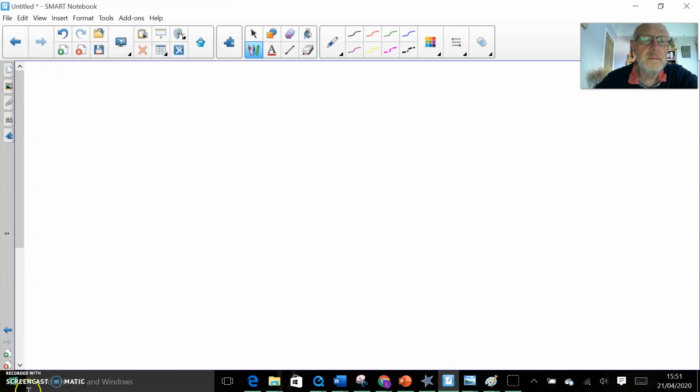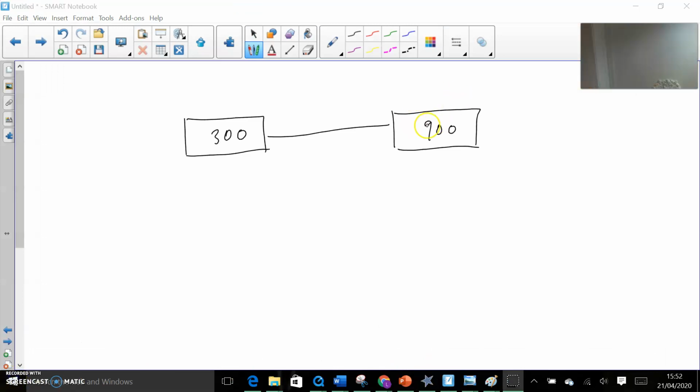So here we have the car, 900 kilograms, and the trailer, 300 kilograms, connected by the light rod. Now we put on the forces. We know that there's a force of 1200 newtons driving the car, so that is 1200.